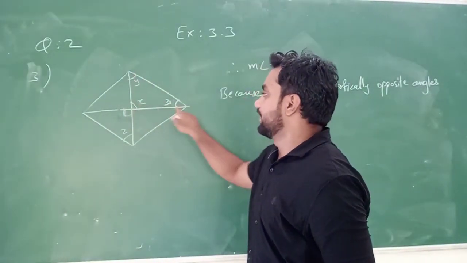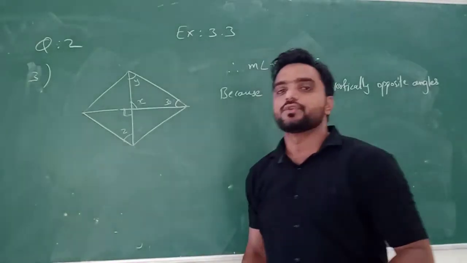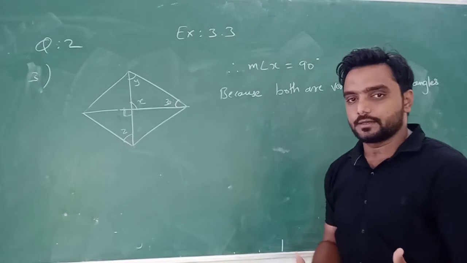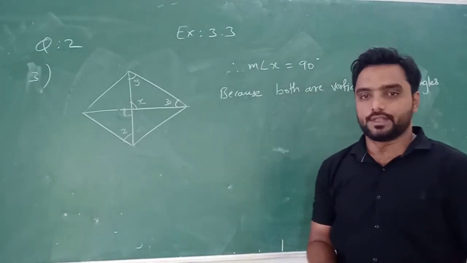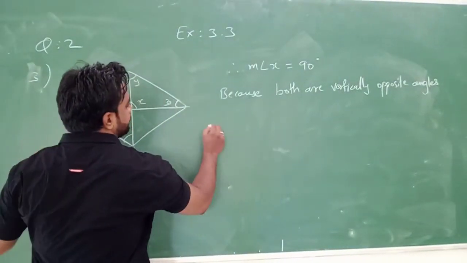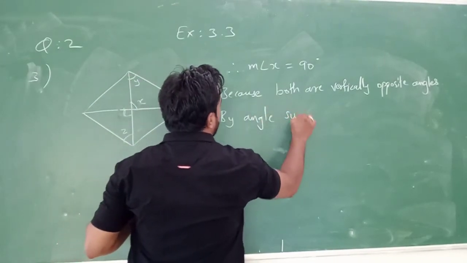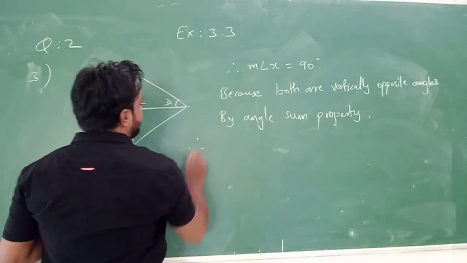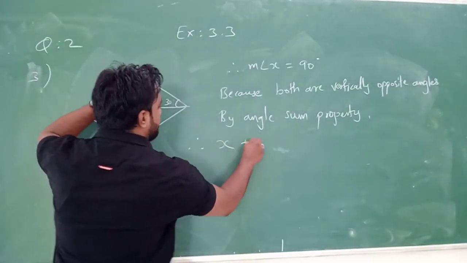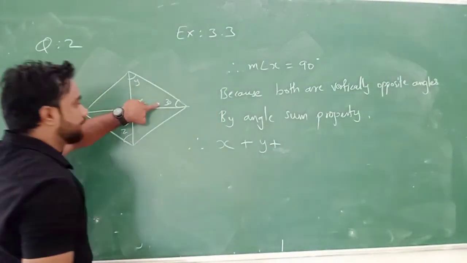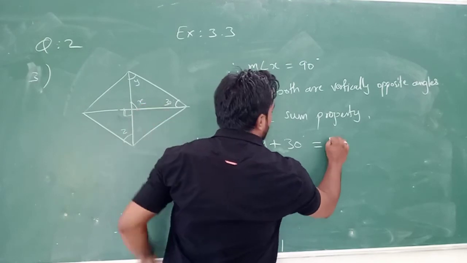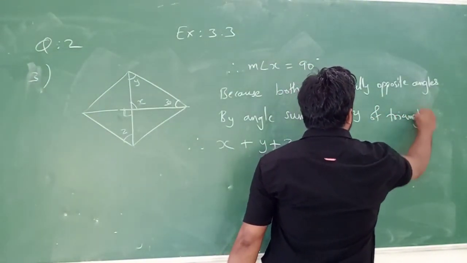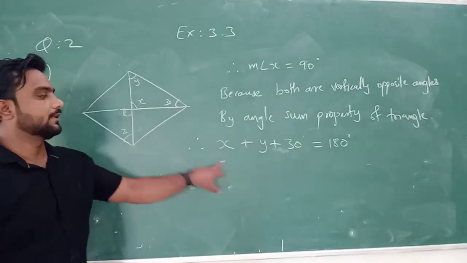Now we will do it by taking this triangle. मैं ये triangle लेता हूँ. So according to the triangle sum property, which we have already seen in the previous exercise, the summation of all these three angles is equal to how much? 180 degree.